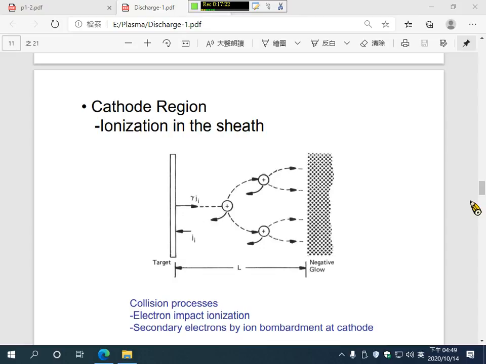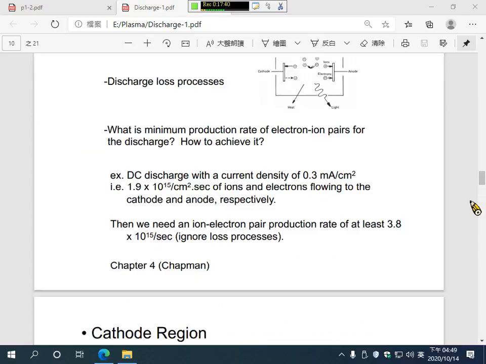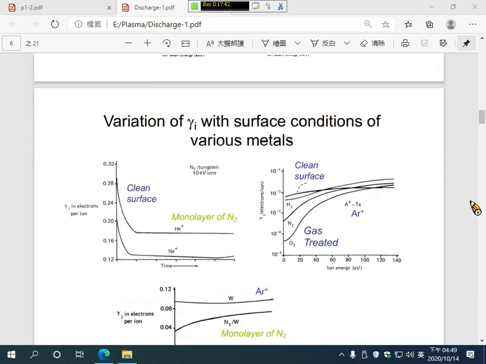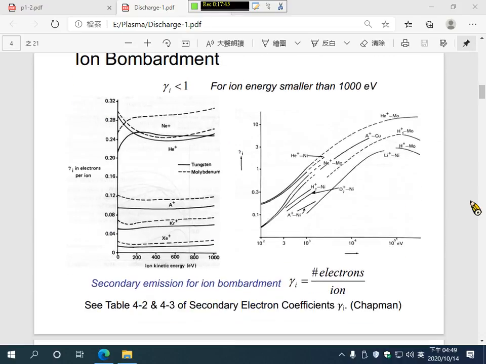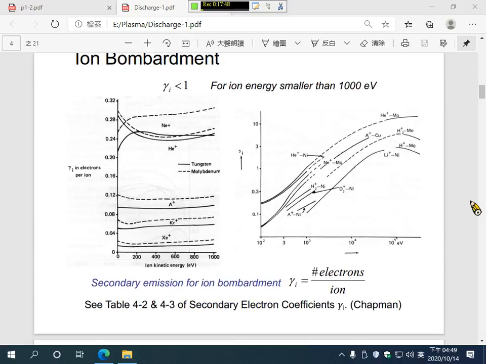When the ions collide with the cathode surface, they can cause the emission of secondary electrons, the emission of secondary electrons by ion bombardment. This ratio is gamma sub I, the secondary emission coefficient for ion bombardment.